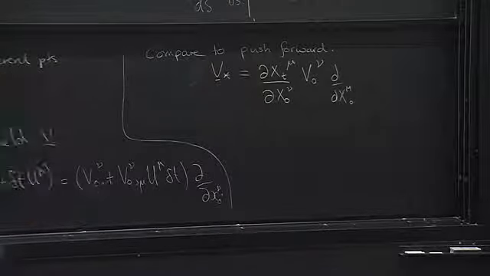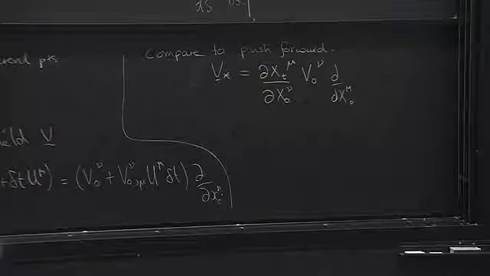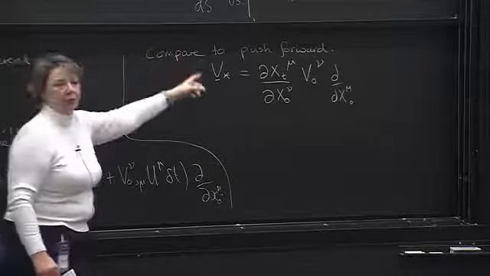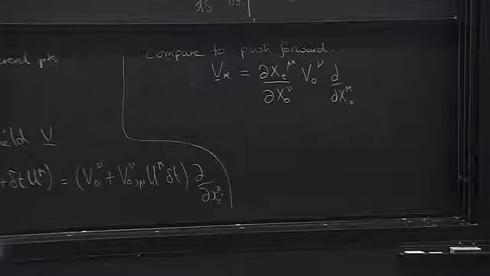And so to push it forward, we're simply doing this transformation. We want to look at how this differential operator changes, and that just changes by the Jacobian of this transformation.